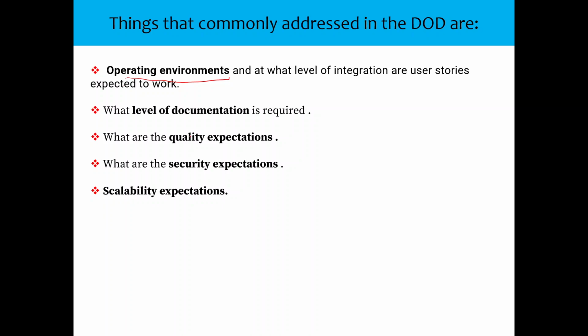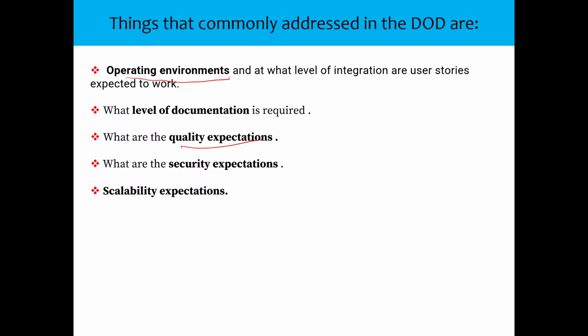Then we are talking about quality expectations. It could be basic functionality that works for demo purposes, versus a fully designed and bulletproof app. So what is your expectation in that case? Then what are the security expectations? It could be no security implemented versus security vetted at all levels, from code reviews and all.